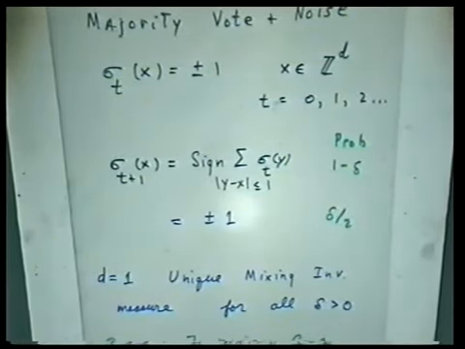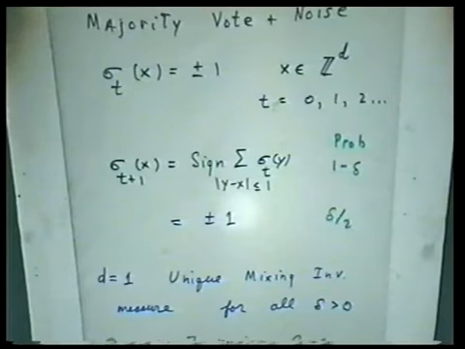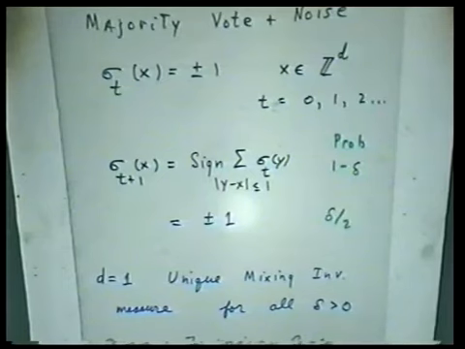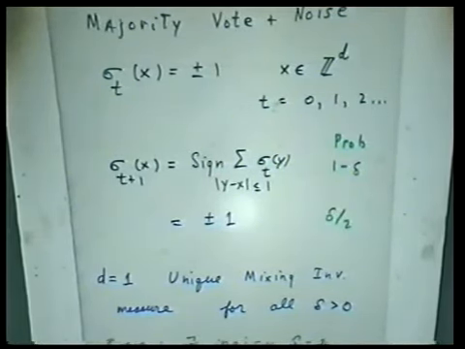If you're plus and you have 2 other neighbors who are also plus, then you will remain plus. And this happens with probability 1 minus delta. So you're voting according to yourself and your 4 nearest neighbor majority. You do this with probability 1 minus delta. This would be completely deterministic if delta were 0.